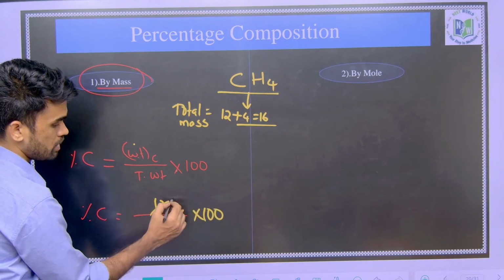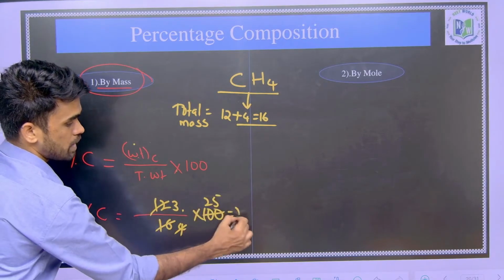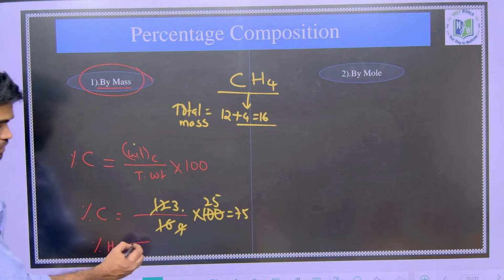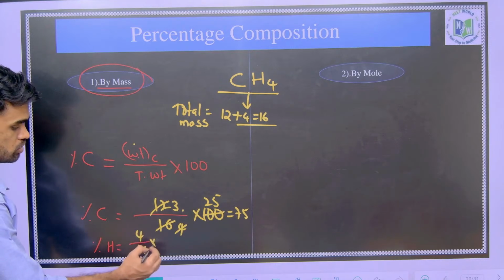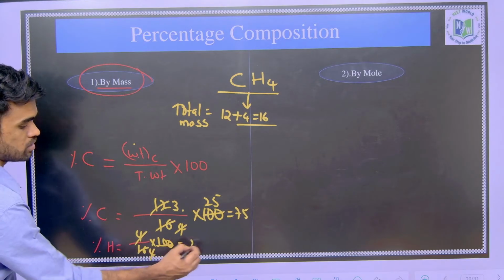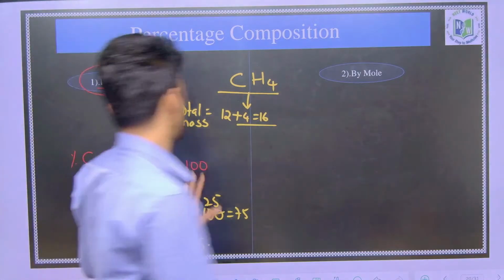This is three fourths, 75%. Similarly for hydrogen, weight of hydrogen is 4 by 16 into 100. This is one fourth, 25%. Did you understand this? We will do one more example question after this.